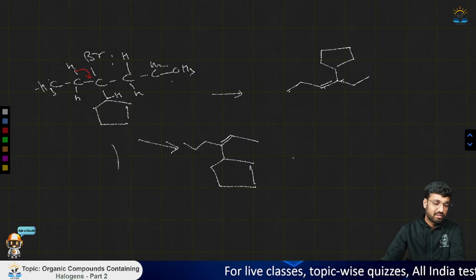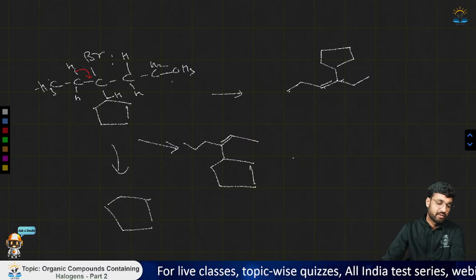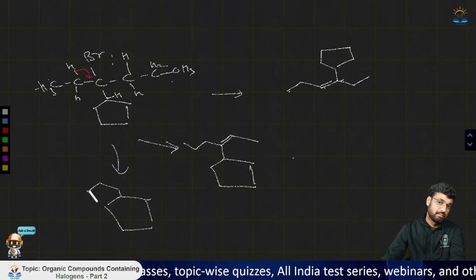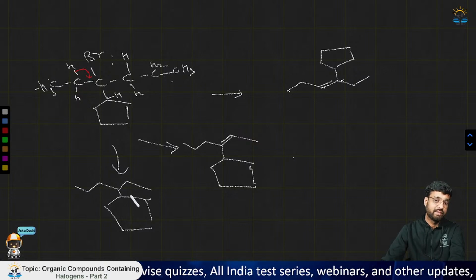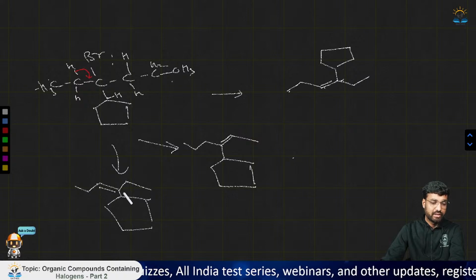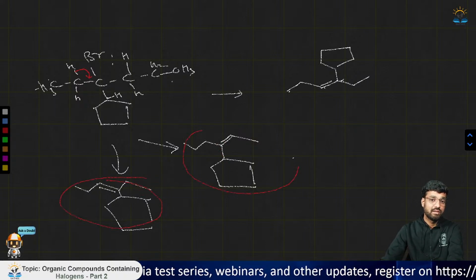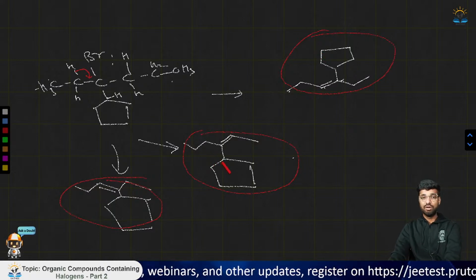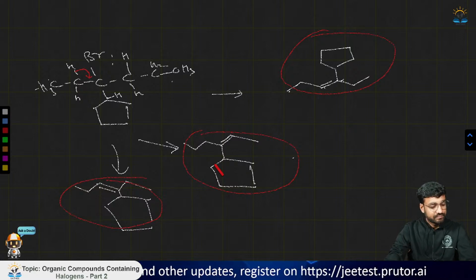And the third product that is possible is this, 1 2 3 4 5 and 6, so it will be on this side. So first is this one, second is this one, and third is this one. These are all three alkene products that are possible from the reaction.